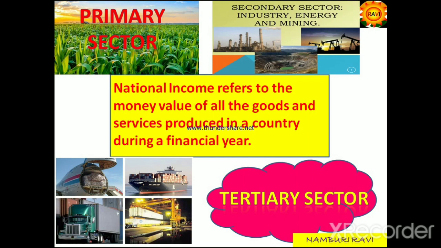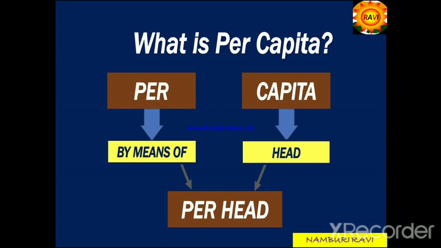These three sectors' total values together we can call the national income. I think everyone understood very clearly about the national income.